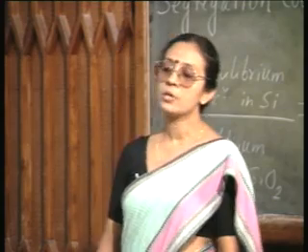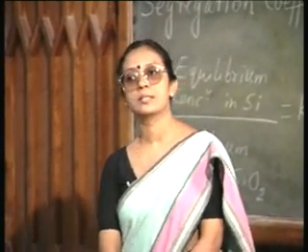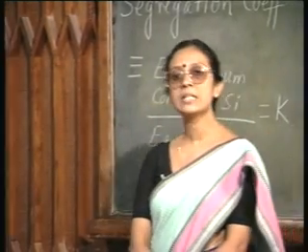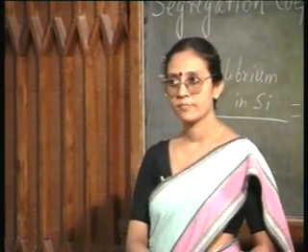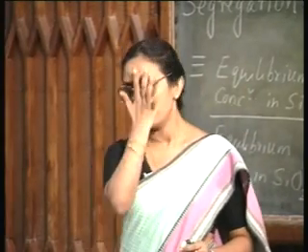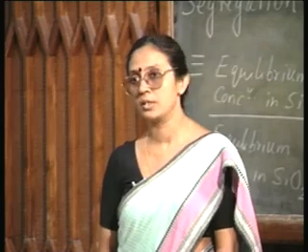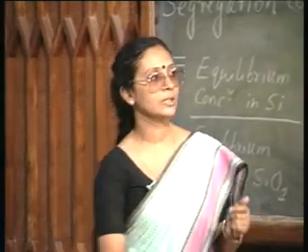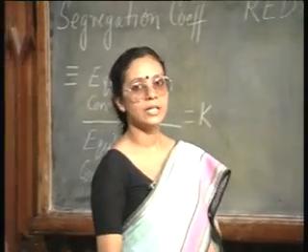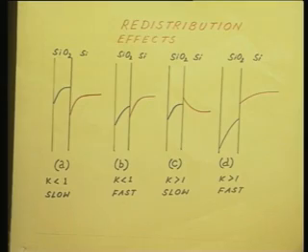So, you see, now I have two facts to consider. One is the segregation coefficient and the other is whether the dopant diffuses fast or slow through silicon dioxide. Depending on that, I can have a variety of situations. For example, concentrate on figure A. The legend says K is less than 1.